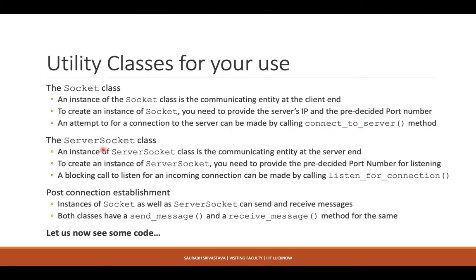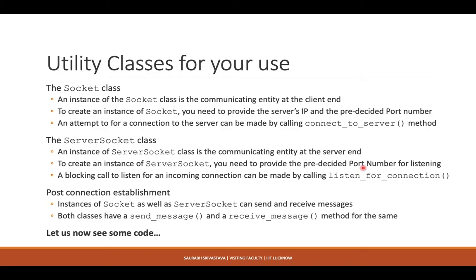The server socket class is going to be the entity at the server end. So remember that there are going to be two different socket instances that we will create, and the only thing you need to provide for creating a server socket is the pre-decided port number that you are supposed to listen on, right? The IP is implicit here because you are starting this on your own machine, so the IP is not really required.